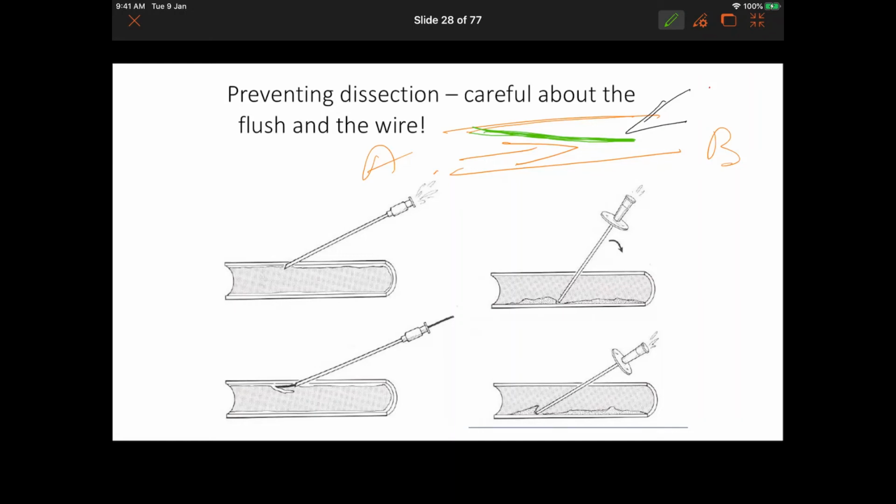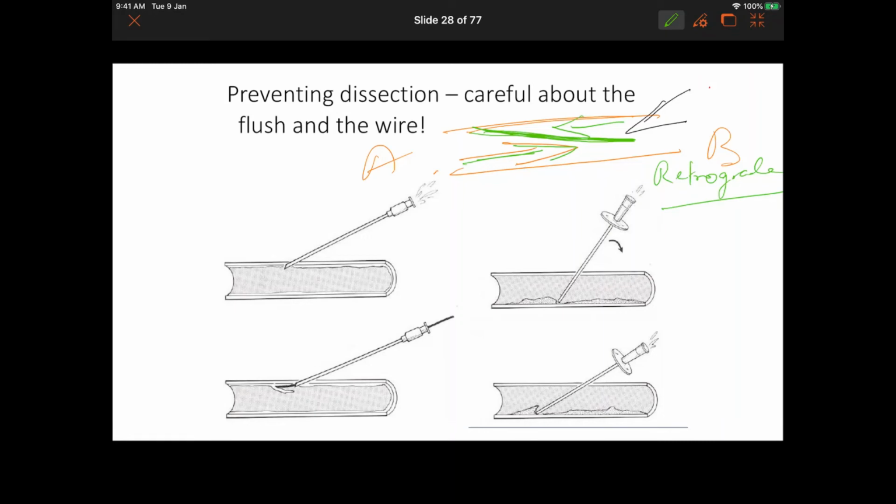The direction of dissection is opposite to the direction of the flow. Your flow is happening in this direction, but your dissection is happening in the other direction, so we call it a retrograde dissection.